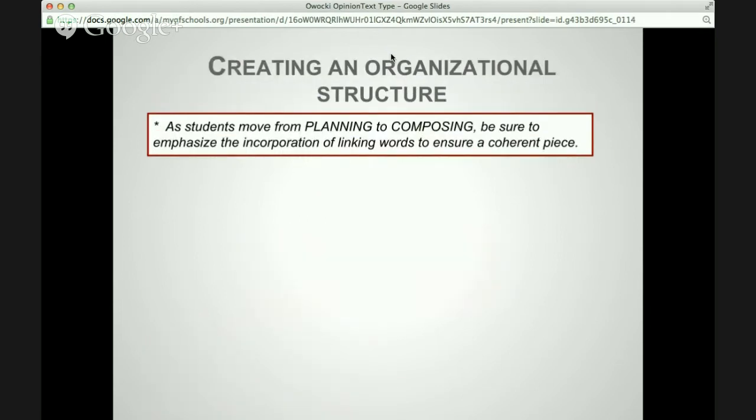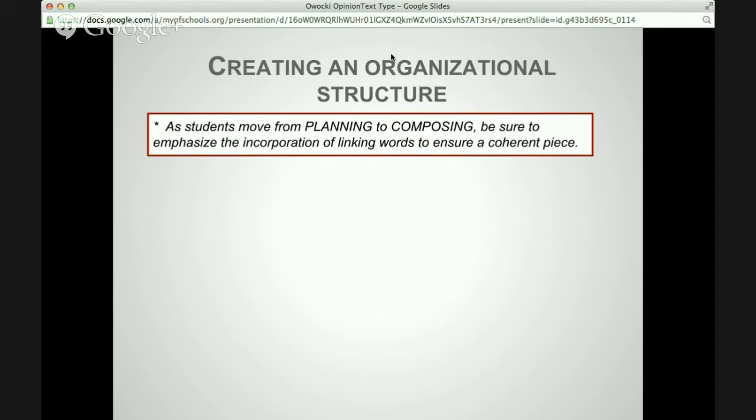The fourth element of opinion writing is creating an organizational structure. She says what happens a lot with opinion writing is that kids don't always end up with a coherent, clear progression of logical thought. They might end up with a lot of interesting ideas in there, but they're not connected.